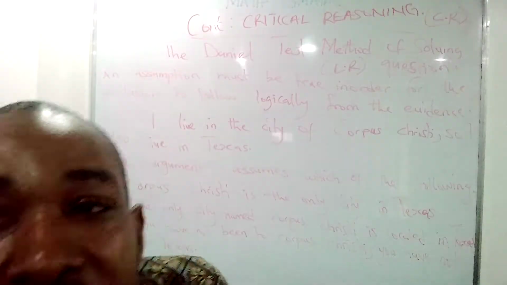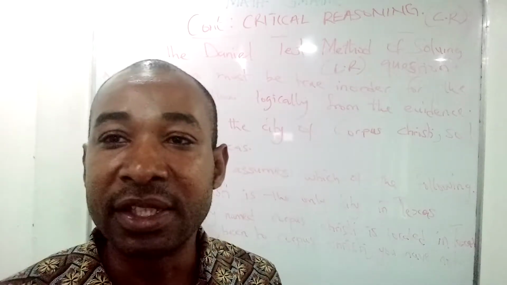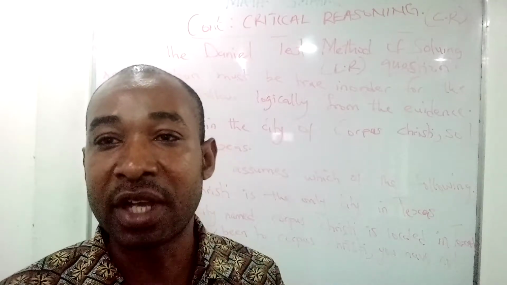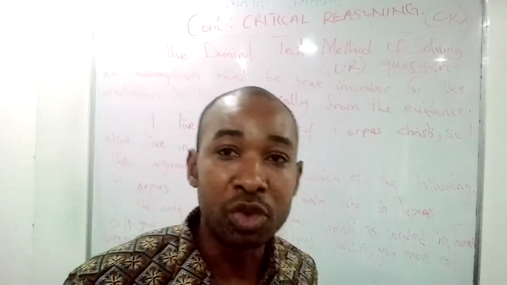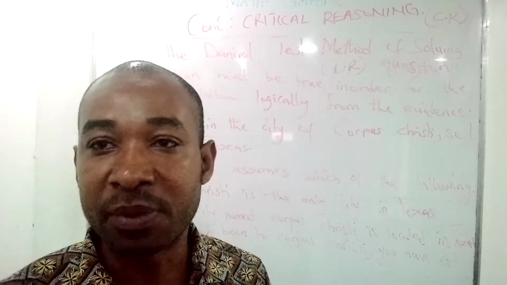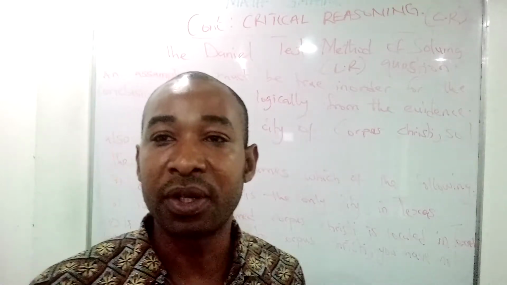Critical reasoning is always about assumption. There is always assumption, depending, relying. So you assume what this paragraph, what this expression is trying to pass across. That is what critical reasoning is all about.